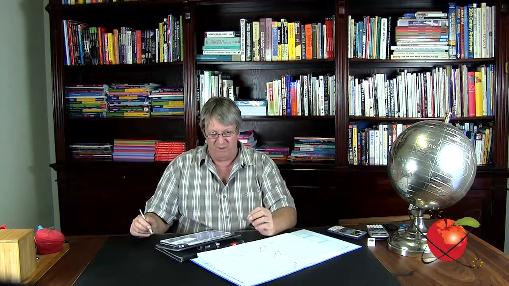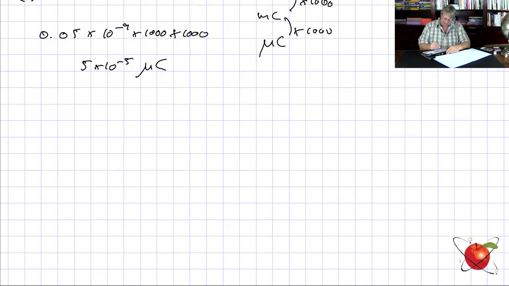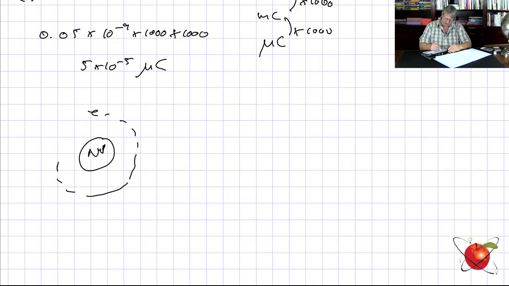Here you can see where the physics and the chemistry start to overlap. What are we talking about? Let us take for example, here's the nucleus, remember, protons and neutrons, and we had electrons floating around, correct? This is question number 8.